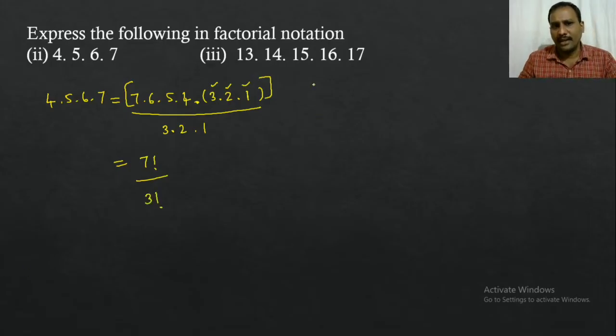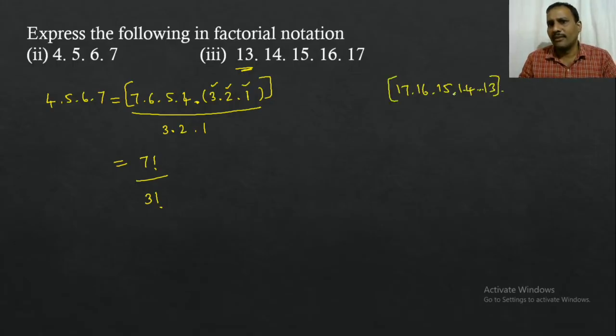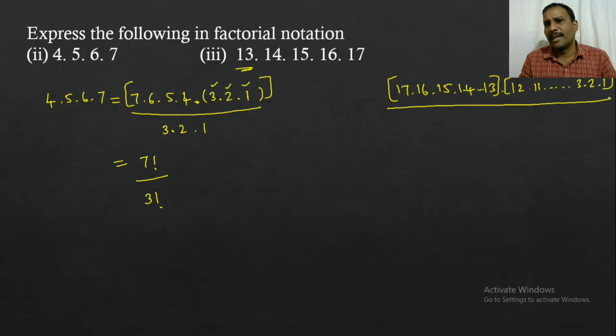And when it comes to the third question, that is 17 into 16 into 15 into 14 into 13. Now what we require here is 12 into 11 and so on up to 3 into 2 into 1. So multiply and divide with 12 factorial.